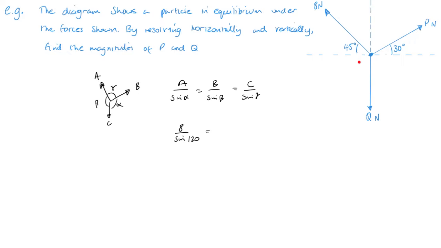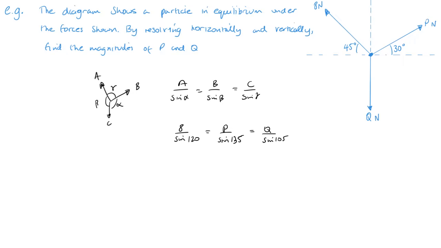I've got P over sine 135, and I've got Q over sine 105, because 45 and 30 is 75, so this has got to be 105 in between.